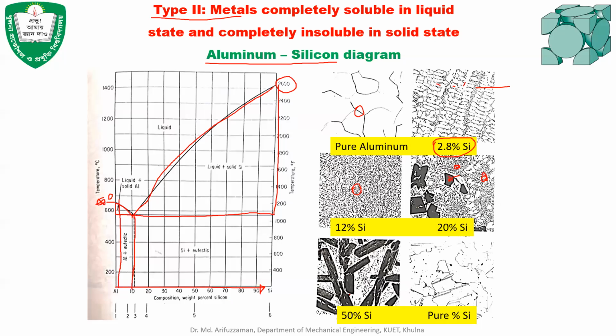Add more silicon, like 50%, and you get more grains of silicon and the mixture of aluminum and silicon. And if you solidify pure silicon, there will be 100% silicon grains. Okay, that's how this diagram works.